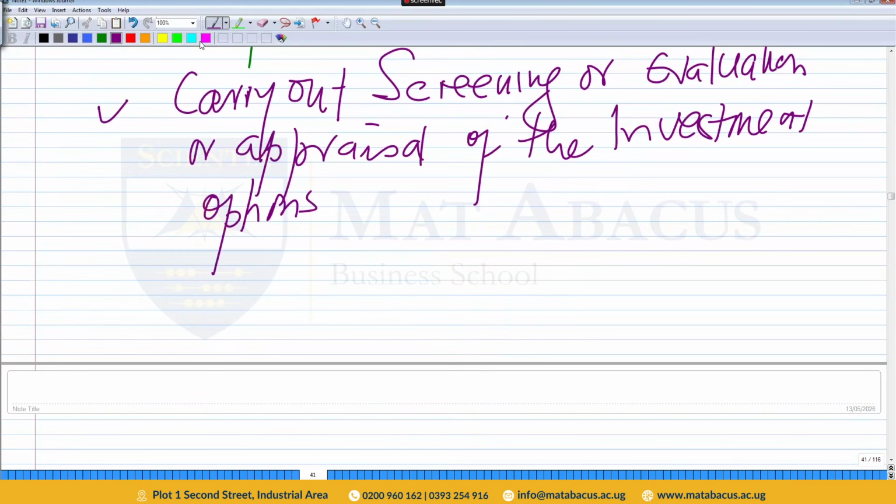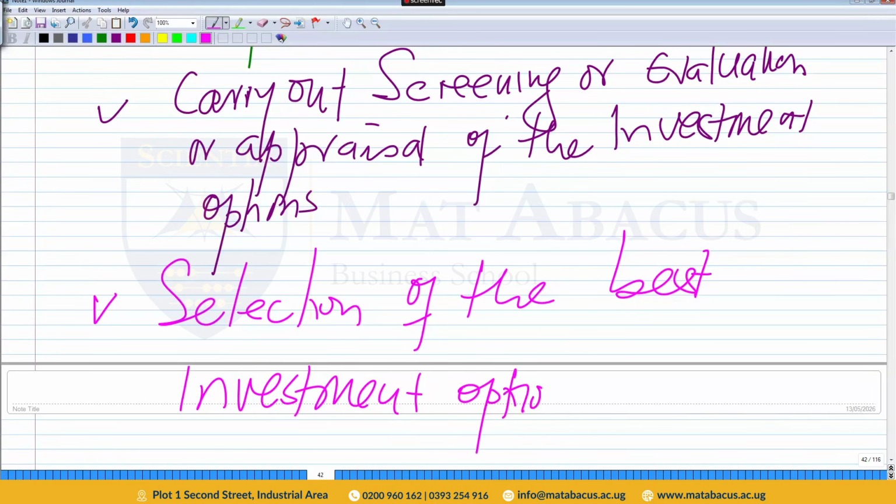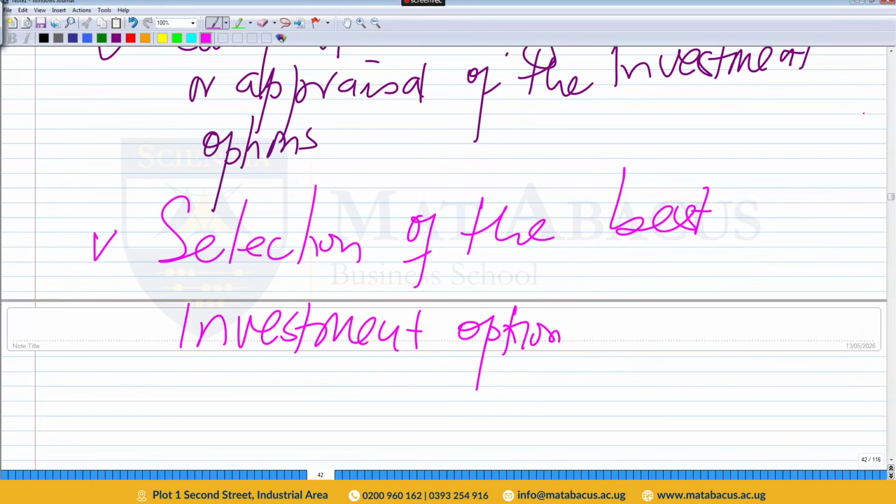When the screening is done, then you need to look at selection of the best investment option. This is when you'll do screening using any of the appraisal tools, PI, NPV, IRR.